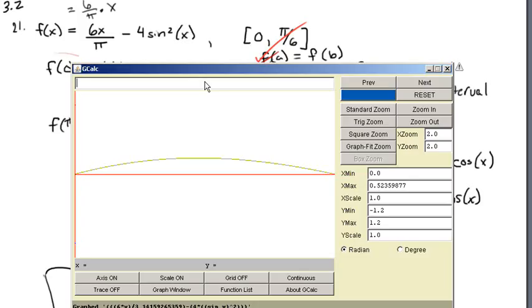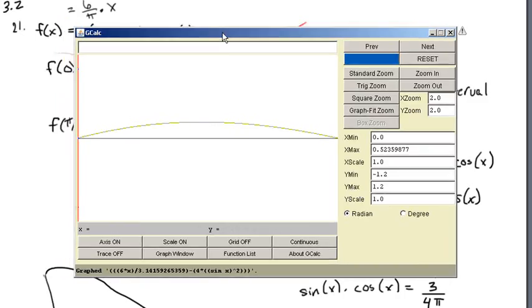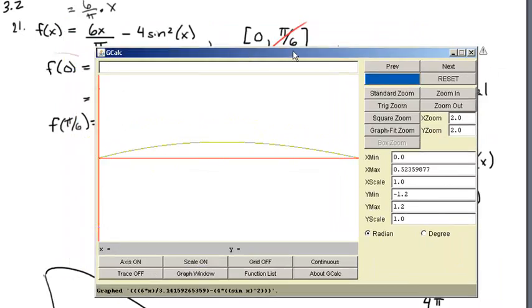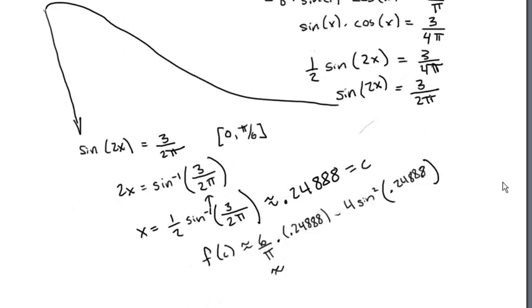Here I have a 0 here and a 0 here, so that's good. And right about at the midpoint of this interval, I see that I have this 0 tangent line that could probably be approximated there. If I figure out what this value of my function is right here, by just taking this value of 0.24888 and plugging it into my original function, I get a value which is approximately 0.232634-ish.